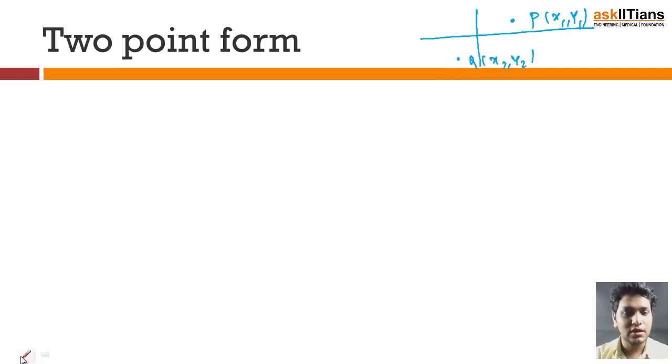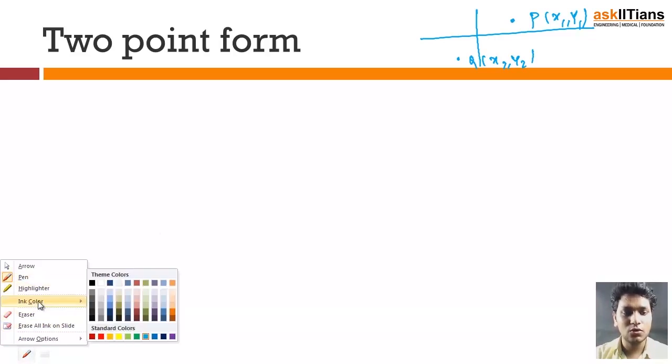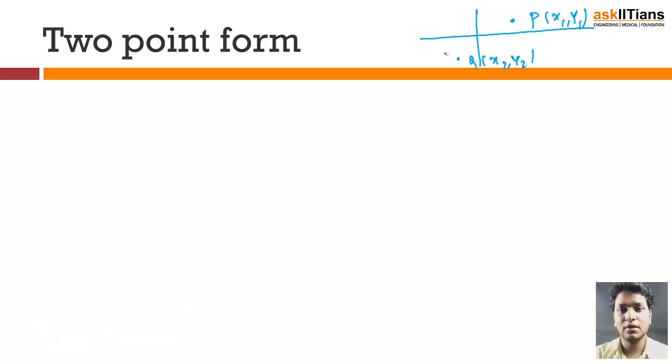From our knowledge, the slope is nothing but the difference of the y coordinates upon the difference of the x coordinates. So in this, compared to the last format, what is missing is only the value of m. I can find m using these two points, and the whole process is going to remain the same as in the last process.